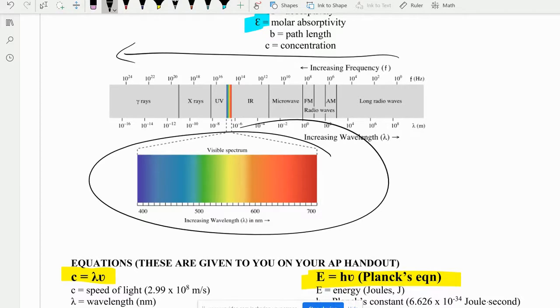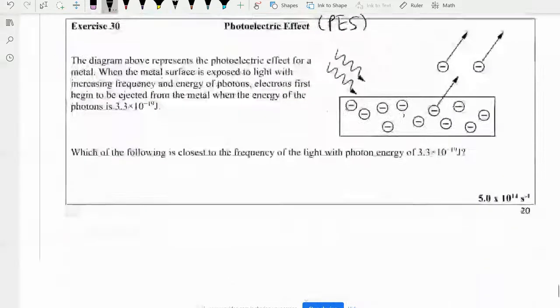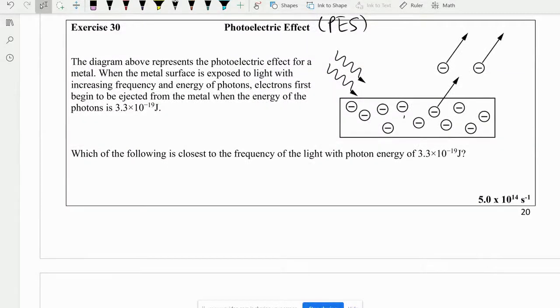So as a quick reminder, our gamma rays right now on the known spectrum have the highest frequency. Okay, so anyway, this metal sample is being bombarded by some type of radiation source with increasing frequency. Okay, and the electrons that are first to be ejected from the metal have an energy of 3.3 times 10 to the minus 19 joules. So now the question is asking, which of the following is the closest frequency?